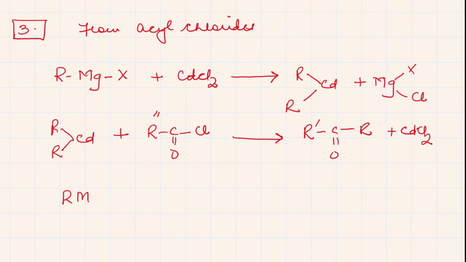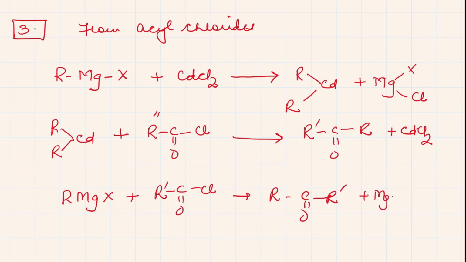Please remember, we are not taking RMgX directly on R dash COCl. Why are we not doing it? Because here also we could have got a ketone, with MgXCl, right?